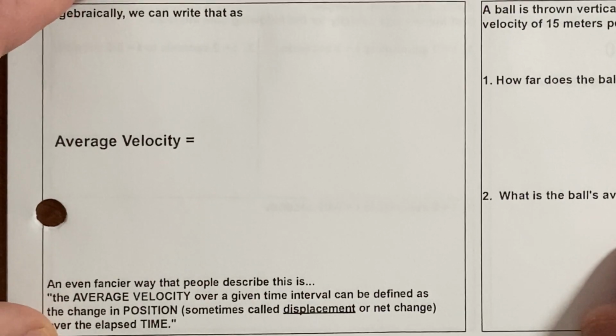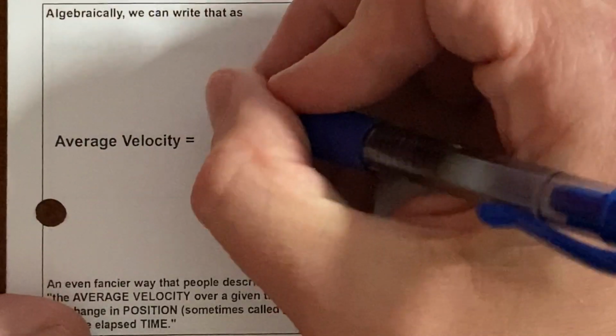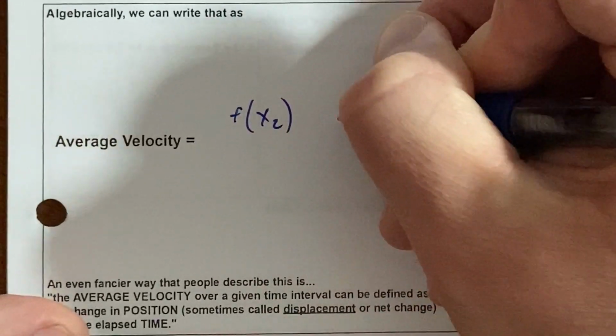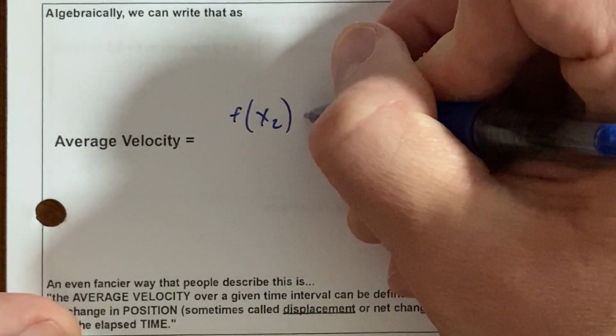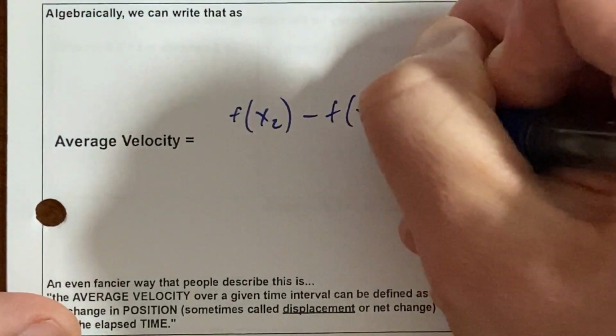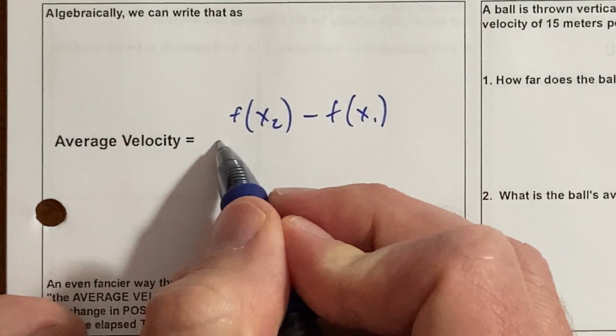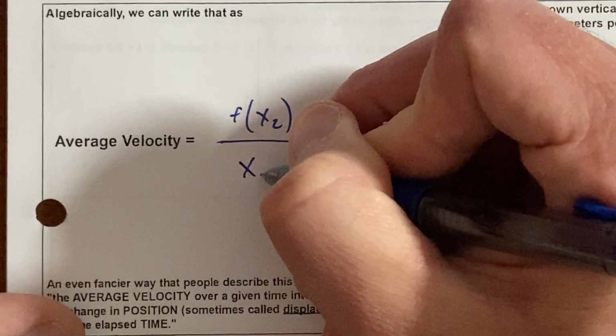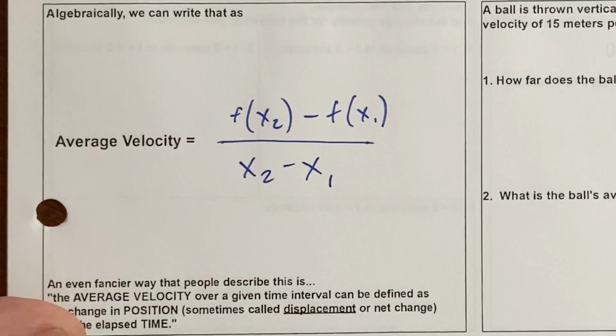If we were going to write that algebraically, the change in distance would be where we end up minus where we started. So that would be the distance. And then I would find the change in time, my x values.